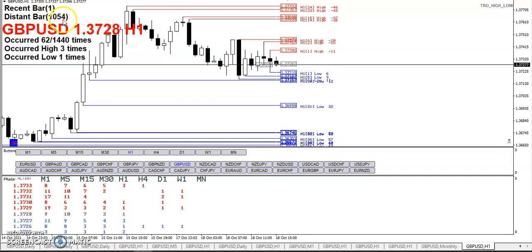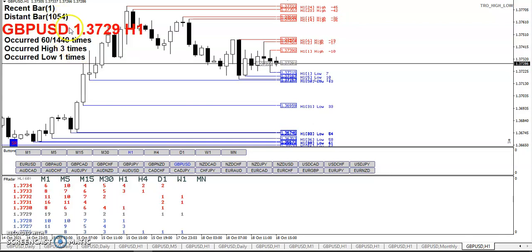And then the most distant bar, because I'm looking at 1,440 bars, obviously you can tell I use this on a 1-minute chart, it was 1,054 bars ago. And this price has occurred 62 times out of 1,440 bars. It's been a high price 3 times and a low price 1 time. And this is on H1, okay?